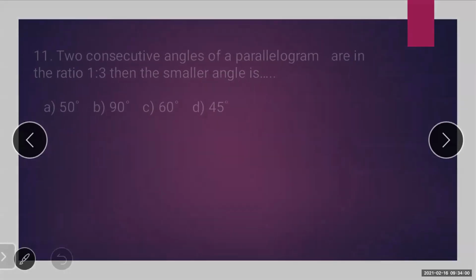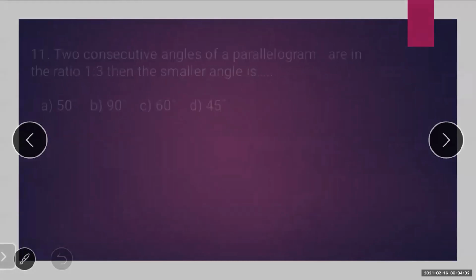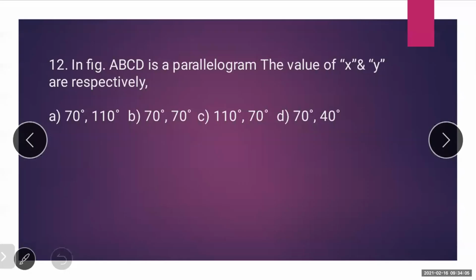Next, in the figure ABCD is a parallelogram. The value of x and y are respectively. I have not drawn the figure here because while explaining I will draw the diagram.